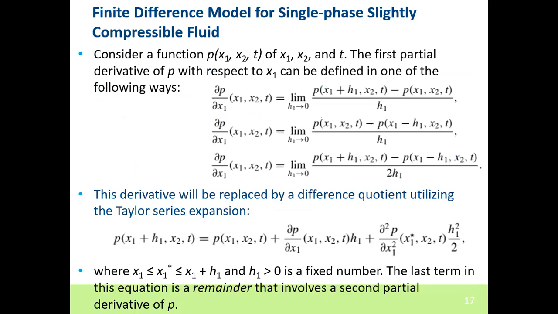So if you consider a function p in terms of x1, x2, and time, the partial derivative of p with respect to x1 can be defined using any of these 3 equations. If you look at them critically, here the increment h1 is added to x1.